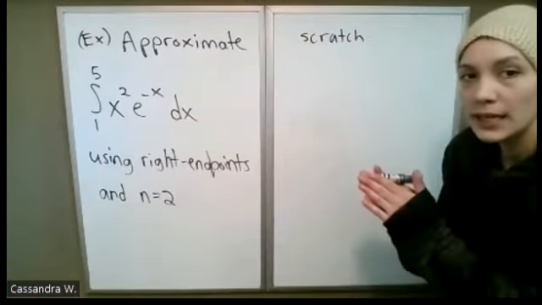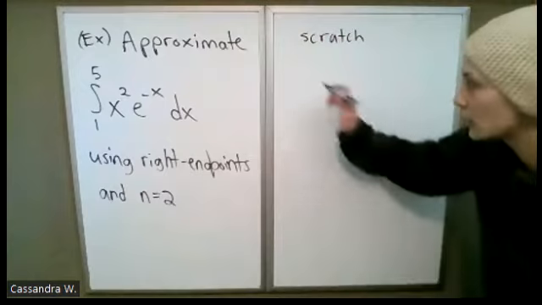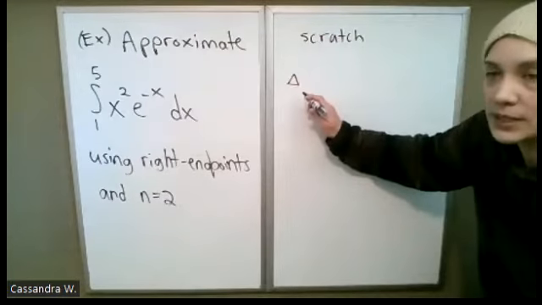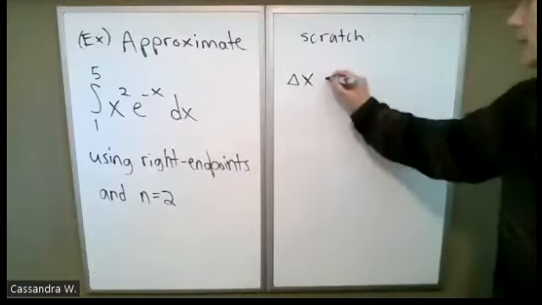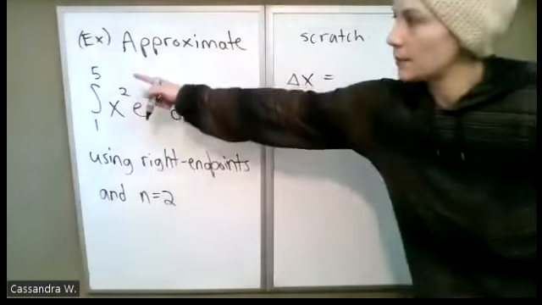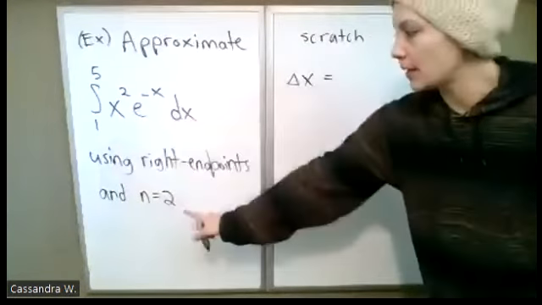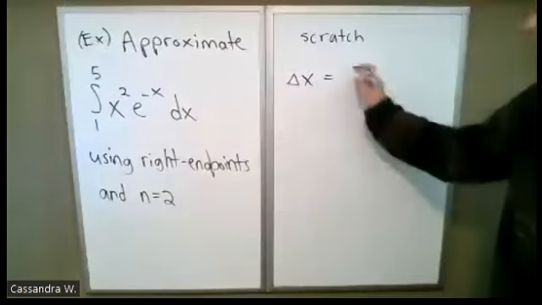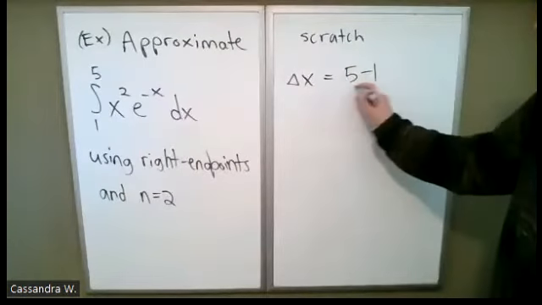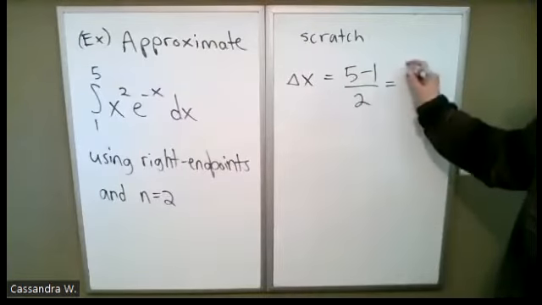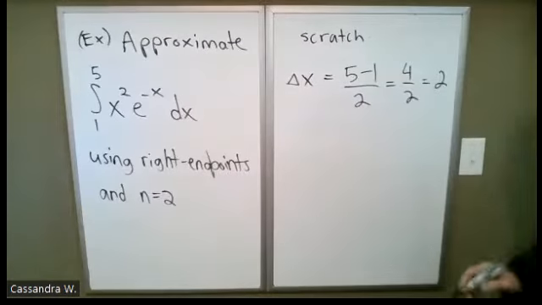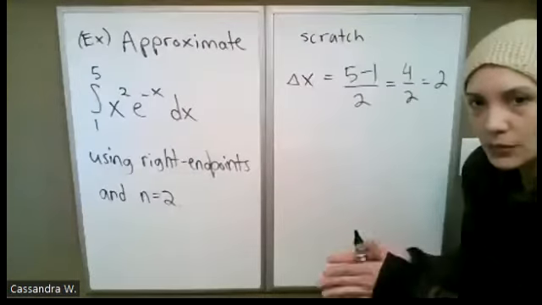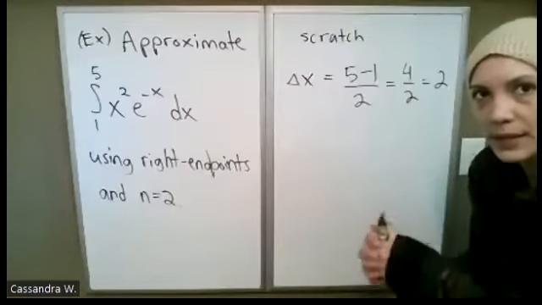Okay, first thing I looked for was delta x. So 5 subtract 1, divide by 2. Okay. And I think the next thing I looked for was my x sub i values.